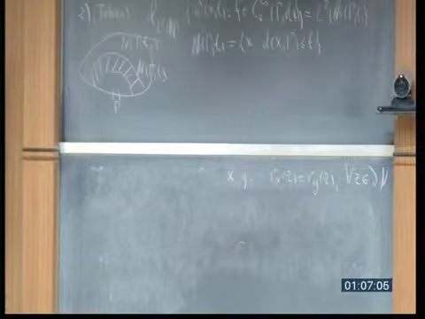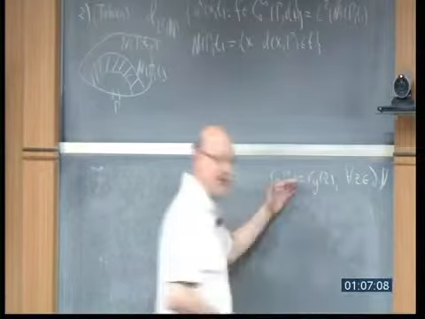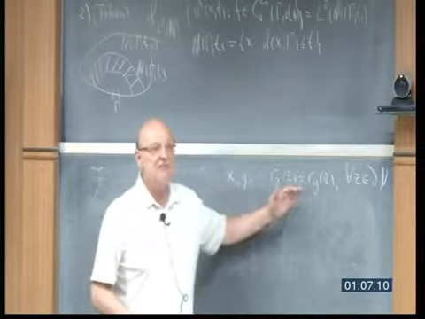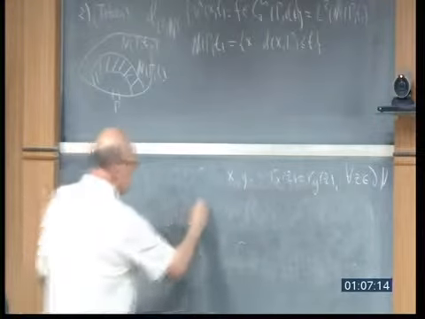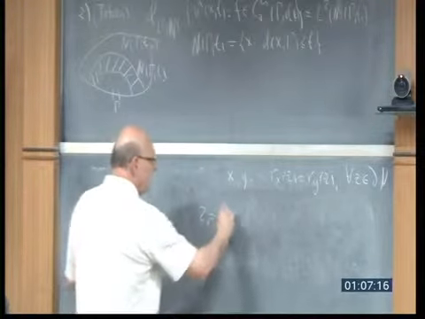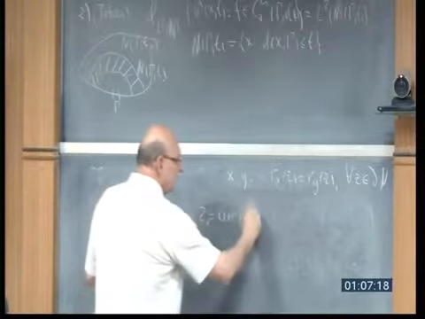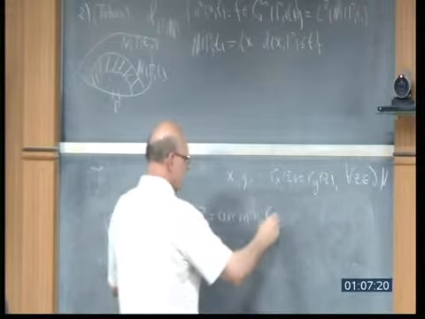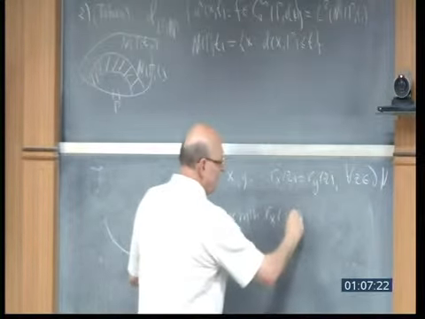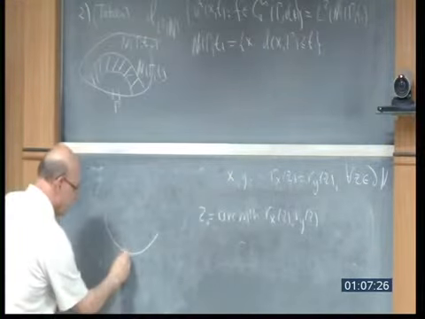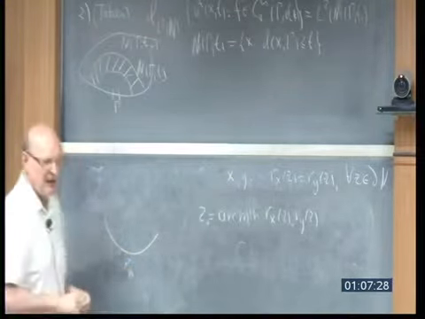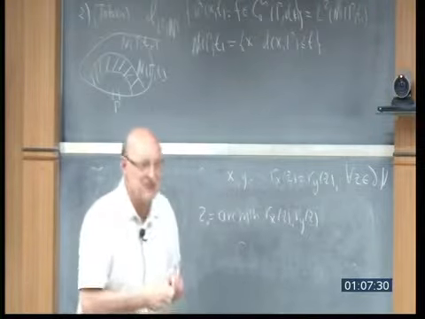Remember these are continuous functions, so they have a minimum. Let's take the point z0. z0 is the arg minimum of Rx of z and Ry of z. Because they're the same, the arg minimum is achieved at the same point z0. The arg minimum is the point where the minimum is achieved.